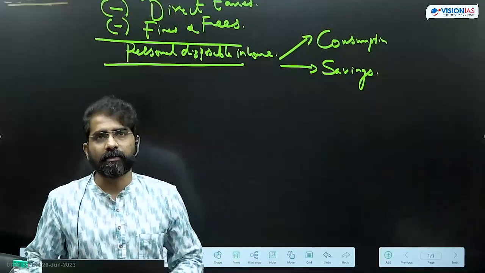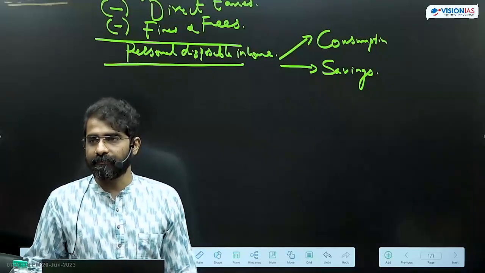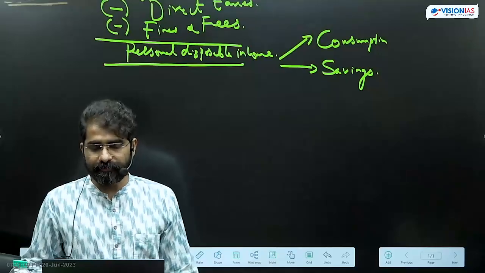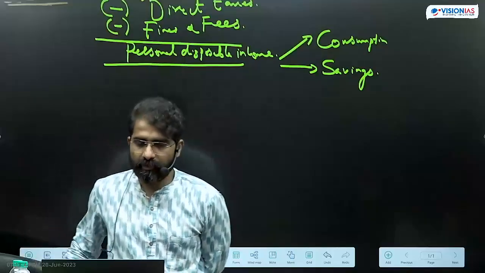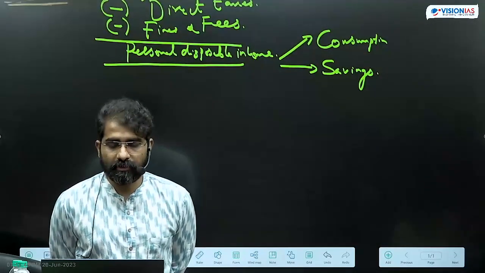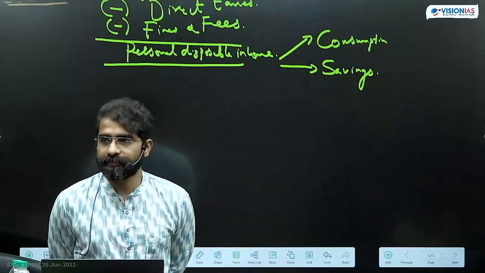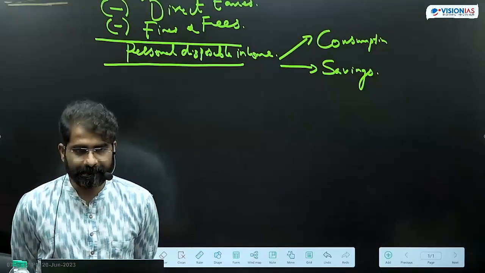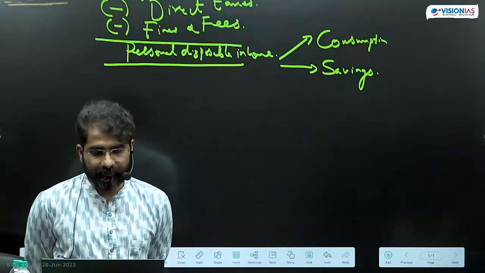It indicates the average income per person earned in a given area at a particular period of time.